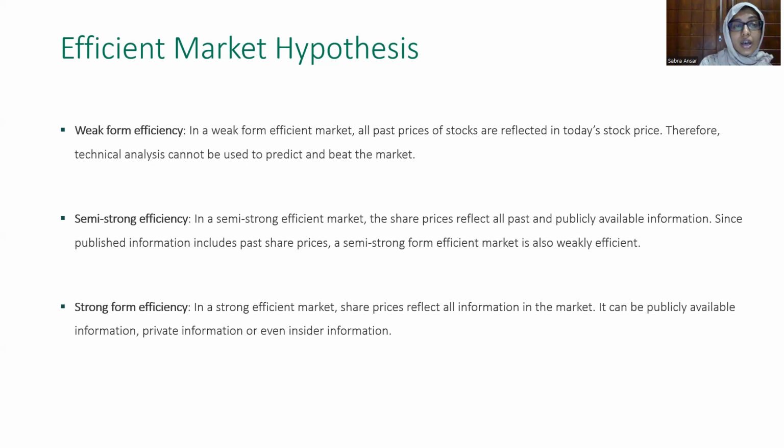In a semi-strong efficient market, the share prices reflect all past and publicly available information. Because published information generally includes past share prices, a semi-strong form efficient market is also considered weak efficient. So weak form and then semi-strong.